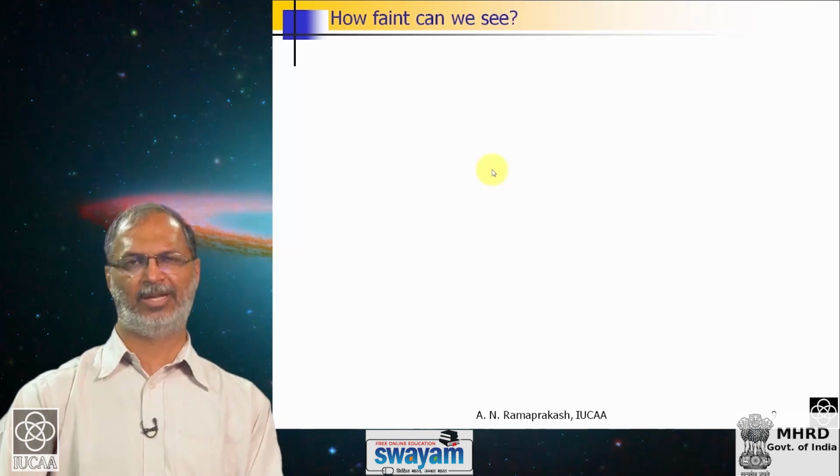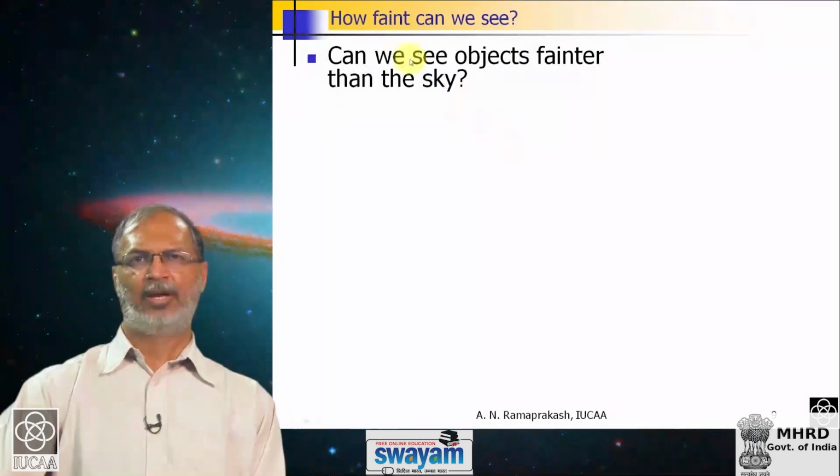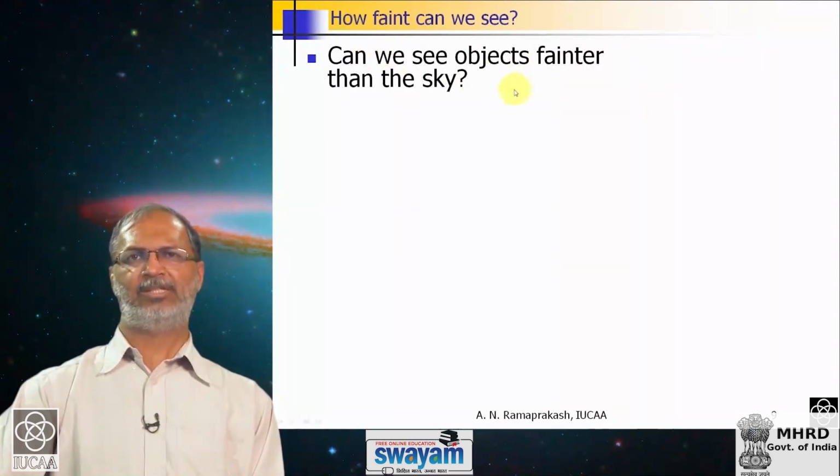Can you just go on making telescopes which are larger and larger, and that will allow one to see objects which are fainter and fainter unlimitedly, or is there a limit? So, that is a natural question which arises. Let us try to address that question in this slide. So, the question is, can we see objects fainter than the sky?